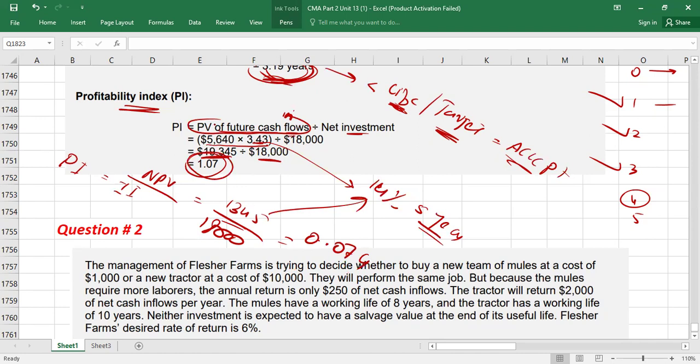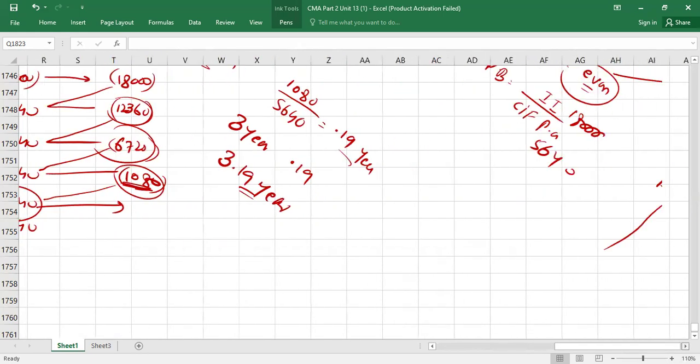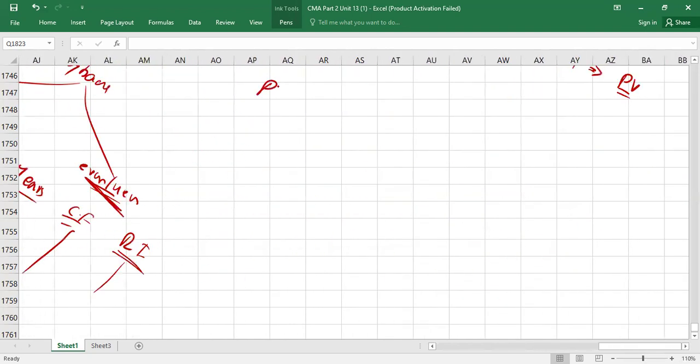See, whenever you take the numerator as the present value of inflows, the answer will always be greater than 1. But if you're taking NPV as the numerator, the answer will start from 0 point something. But please remember, this is an index, a profitability ratio, you can simply say. So to calculate the profitability index, we can take the numerator as present value of inflows only, or we can use NPV, divided by initial investment.